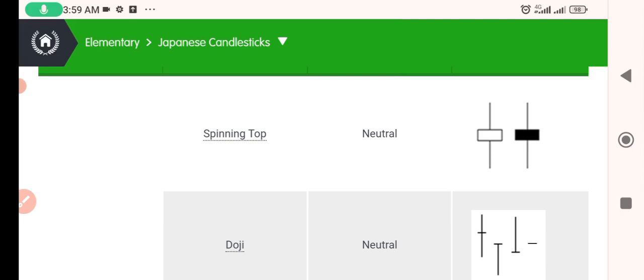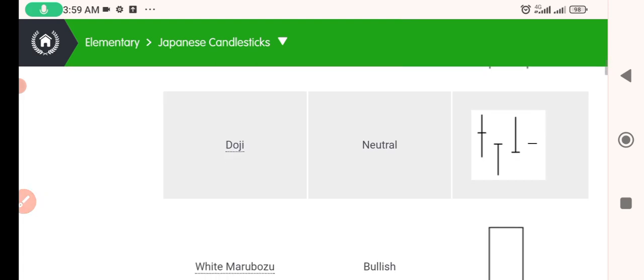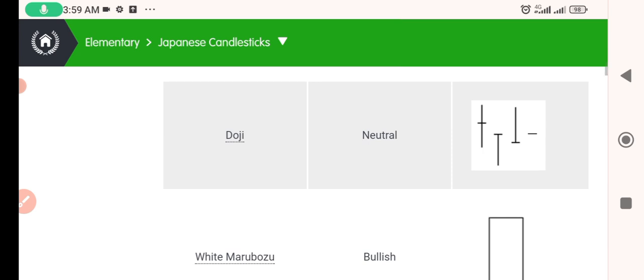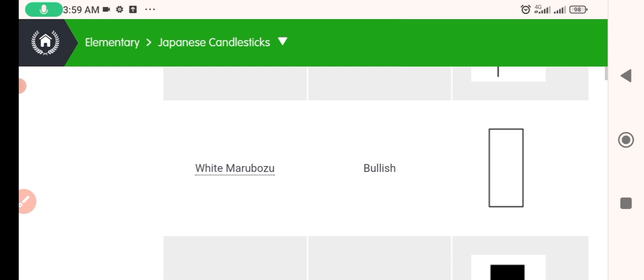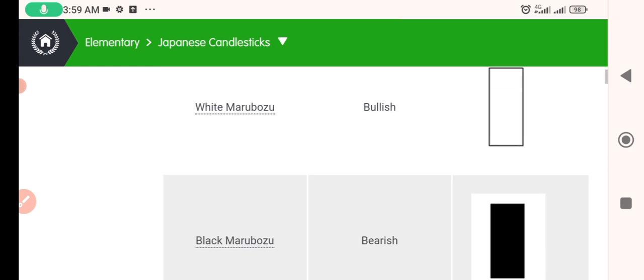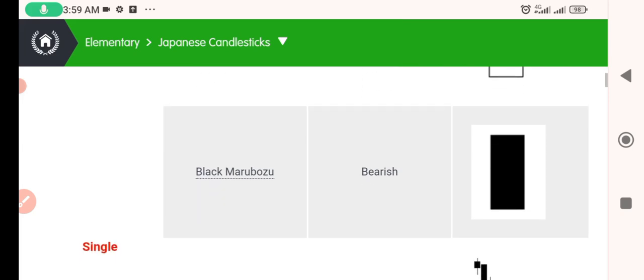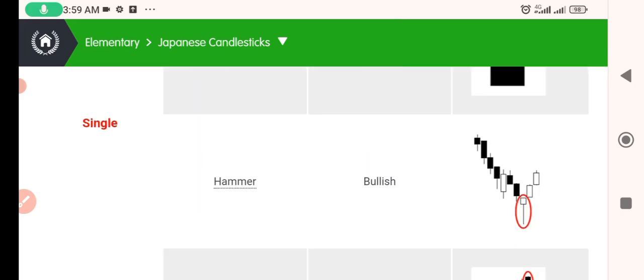When you look at this body, you realize that these candlesticks are neutral candlesticks. After that, we have our dojis, which are also neutral candlesticks. Then we have our bullish engulfing candle. We have our bearish engulfing candle.